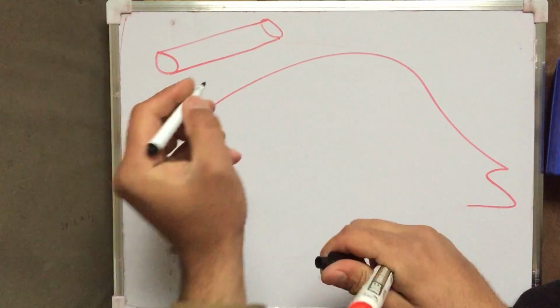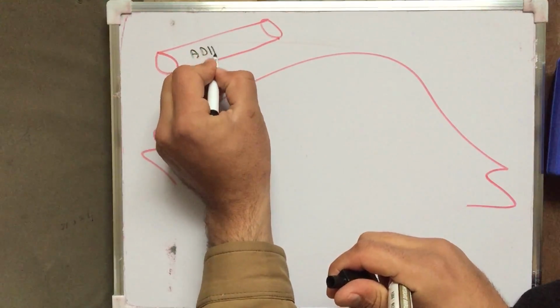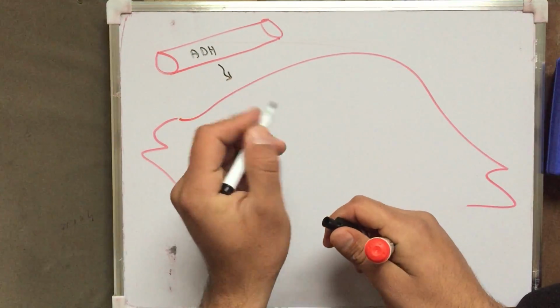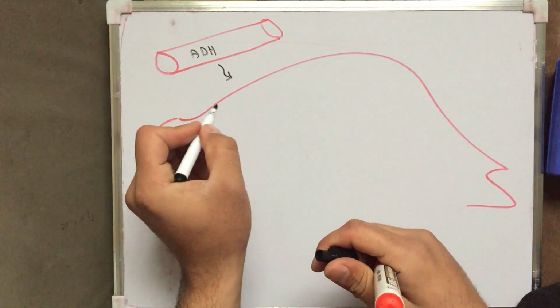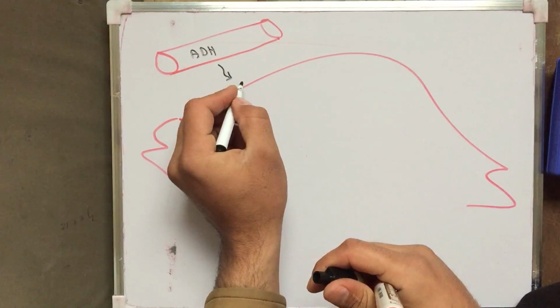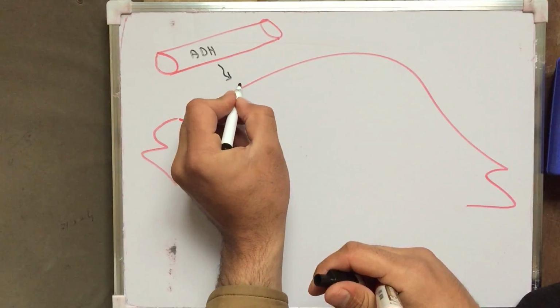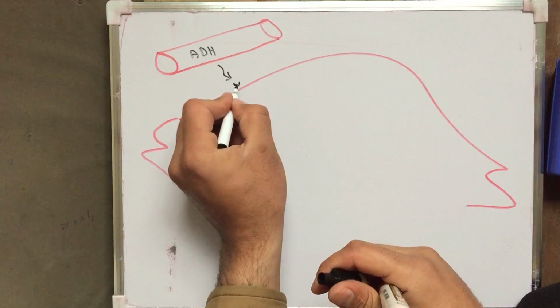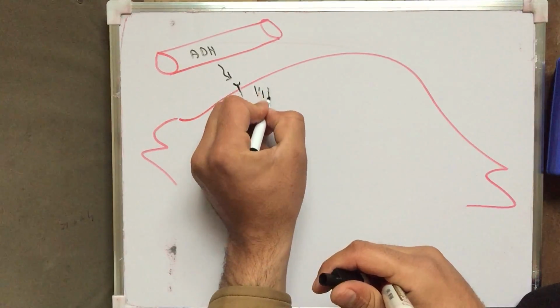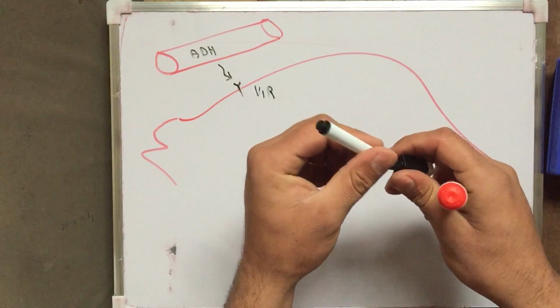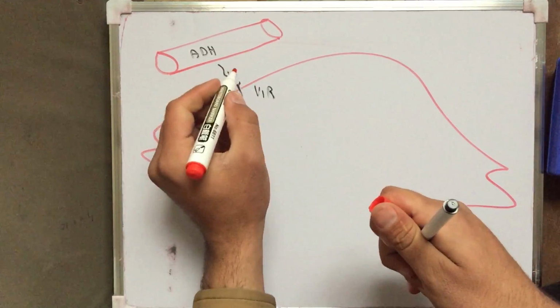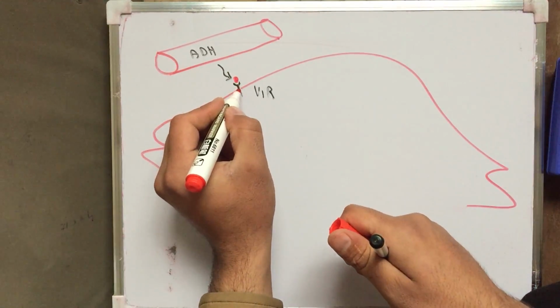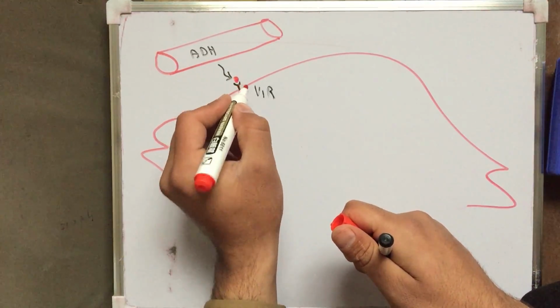Another blood vessel brings ADH, and this ADH acts on the receptor which is called the V1 receptor. This is the receptor called a V1 receptor. So ADH acts on this receptor and activates this receptor.